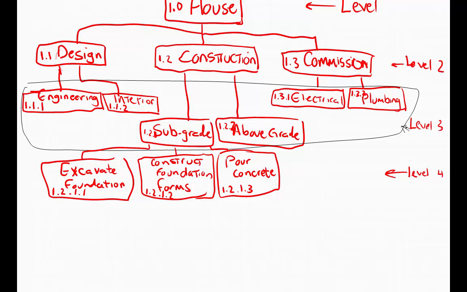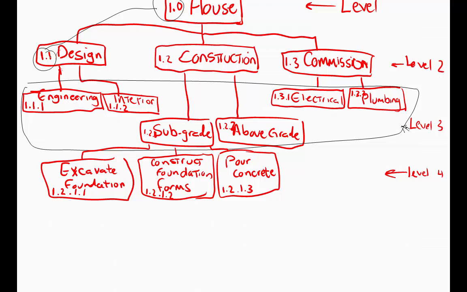So the idea here is every time you move one level down into your WBS, you add another level in your numbering. So in the example of house, we start off at 1.0, and then as you move down in your WBS, you add a decimal, and you add the sequence of your main deliverables.